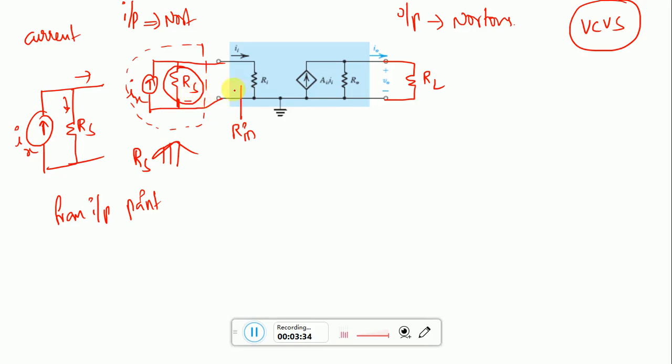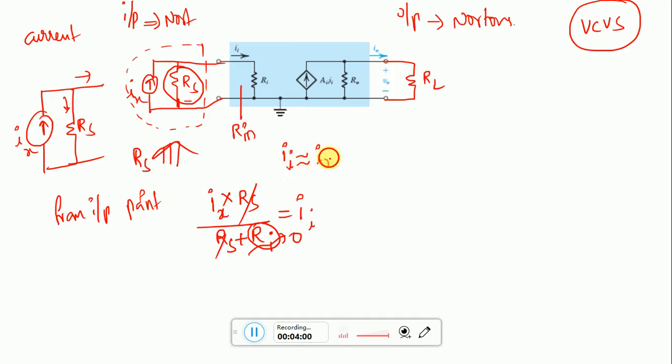So in order to get the entire current here, this should be sufficiently low, or by using current division rule, Ix into Rs by Rs plus Ri will give you the current Ii. Now to get Ii, this Ri should be sufficiently small. If this is ideally equal to 0, then these two will cancel and you will get Ii approximately equal to Ix.